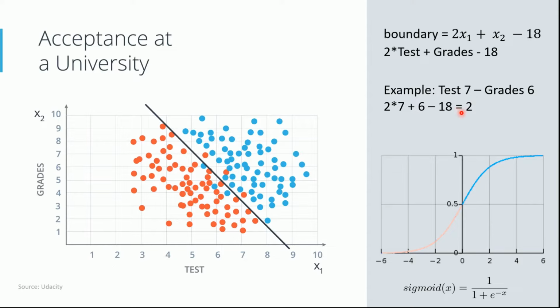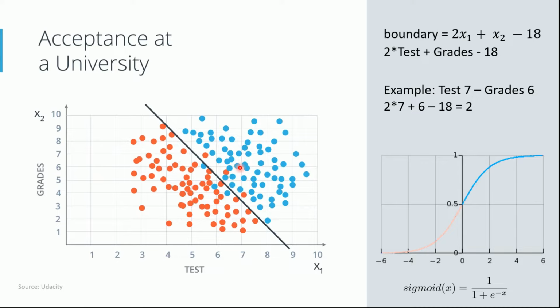positive 2. Any number that is positive from this function will be on this side of the fence. Any number that is negative will be somewhere on this side of the fence. And any number that is 0 will be somewhere on the line. So by seeing a +2, we know that this person is on the positive side.